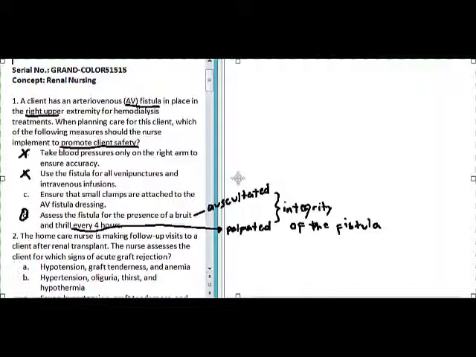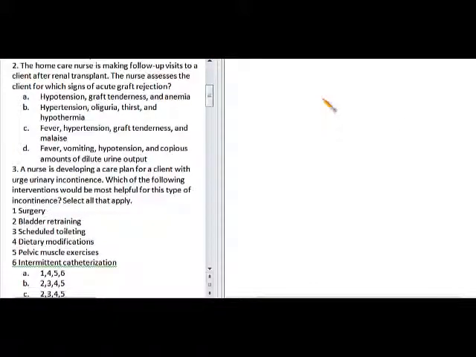Next, number 2. Home care nurse is making follow-up visit to client after renal transplant. Nurse assesses the client for which sign of acute graft rejection. So we're looking for manifestation of acute graft rejection. Now, when you say acute graft rejection, it means the WBC is attacking the graft. And when the WBC attacks a graft, there will be an inflammation.